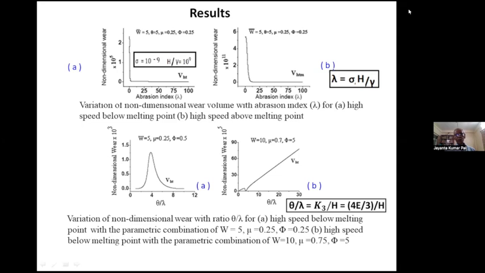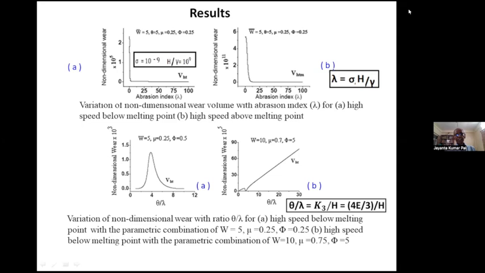So for low theta by lambda, it has to be very low modulus and very hard surface, very hard material. And that is probably difficult to find, but if we find it, we'll find the wear is very small.